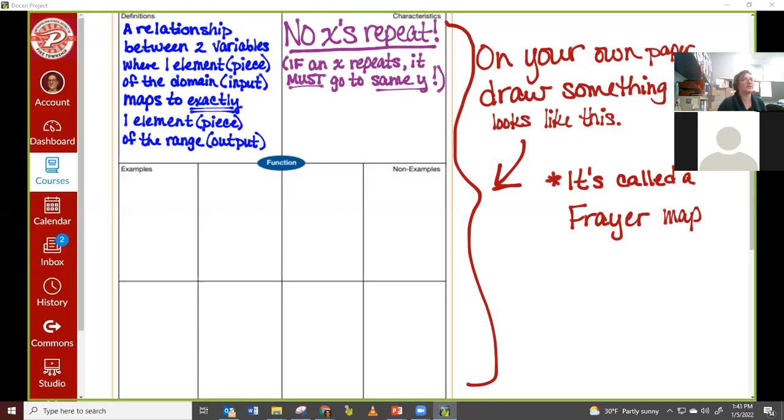So if you see an X repeat itself, it has to go to the same Y value. The Y's are allowed to repeat. X's can't, but the Y's can. You can have a lot of the same Y's. In fact, you can have a bunch of different X's that all share the exact same Y, and that's okay. That is absolutely fine.